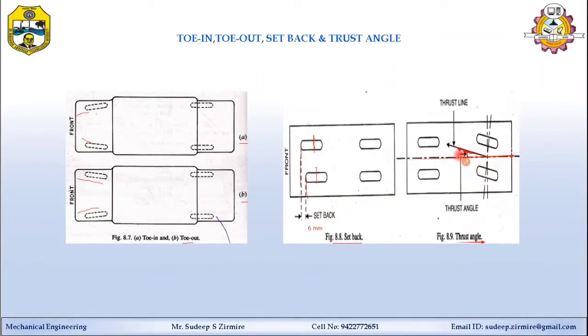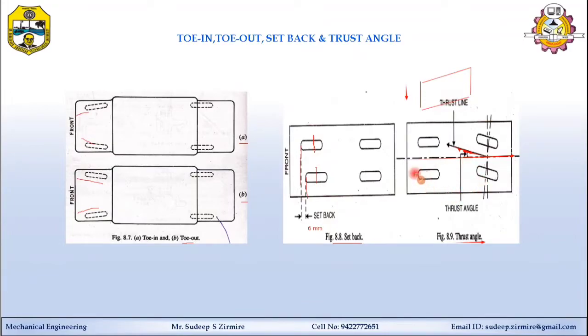If the thrust angle is not 0, in that case you can see the dog track, or the backside inclined or pushing the front side. You can see the vehicle running in an inclined position because of this thrust angle.